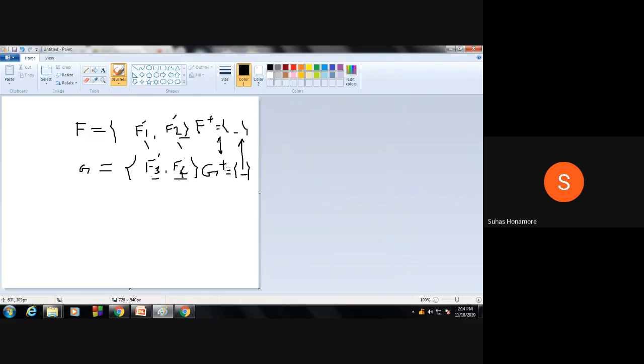So it means F covers G. F plus has more FDs in the inferred rules, so we'll say F covers G, not the reverse. G will not cover F because G has fewer FDs.